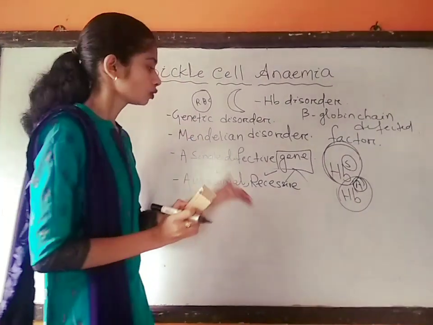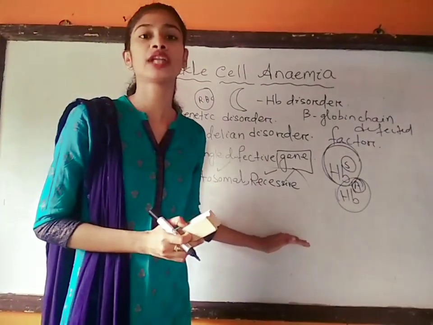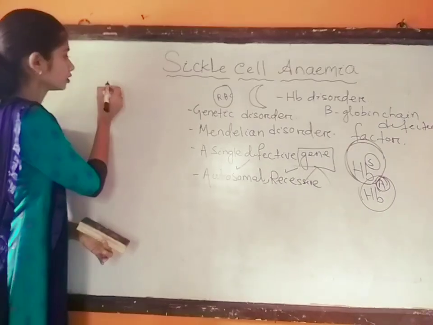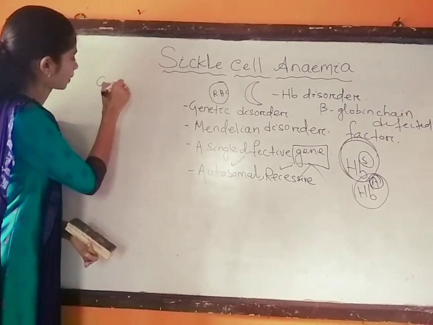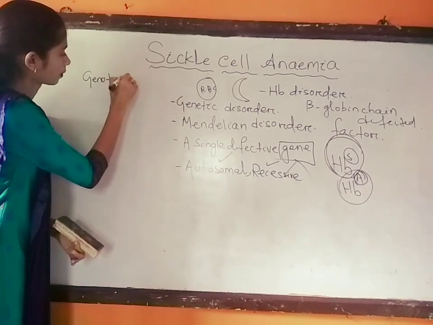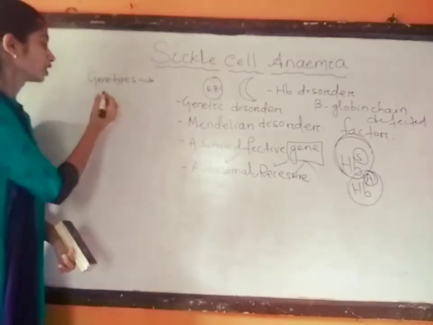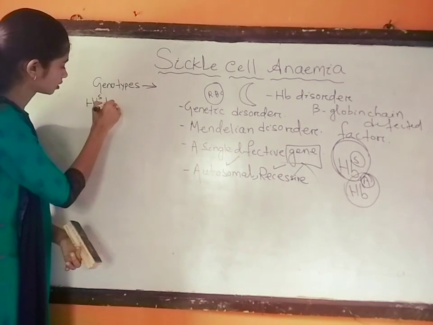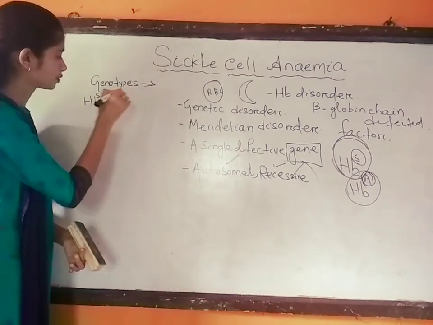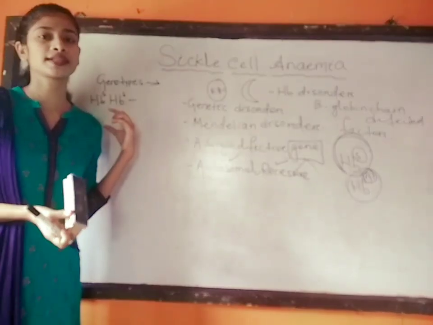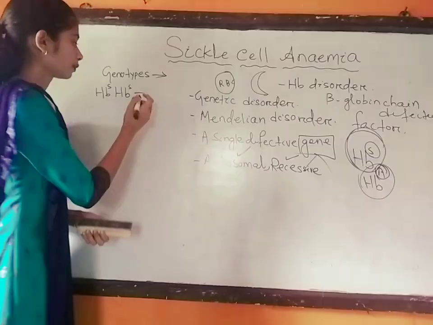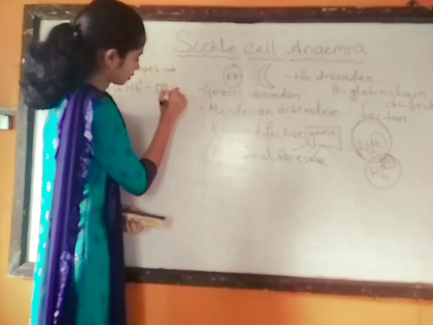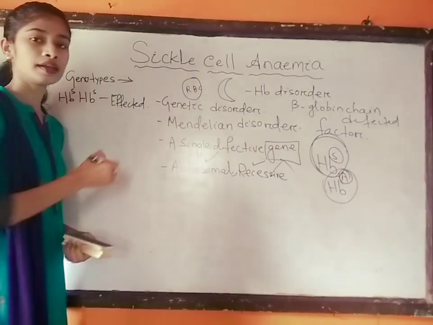So if we get the genotypes of this disease, what will we get? If it is HBS and HBS, both recessive, homozygous, then the patient will be affected.